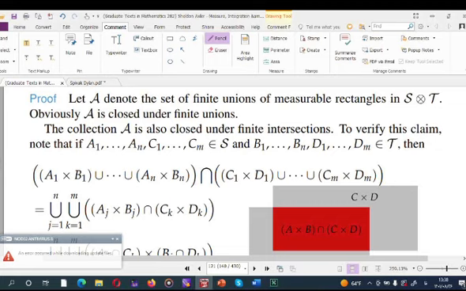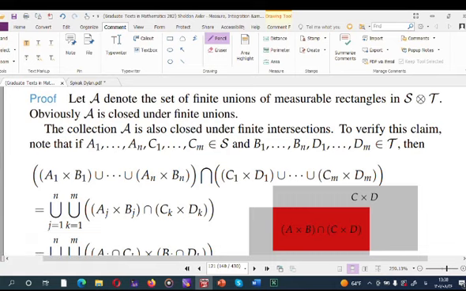To verify this claim, note that if we consider A1, A2, ..., AN, C1, ..., Cn in S and this in tau, then this is a finite union of measurable rectangles.